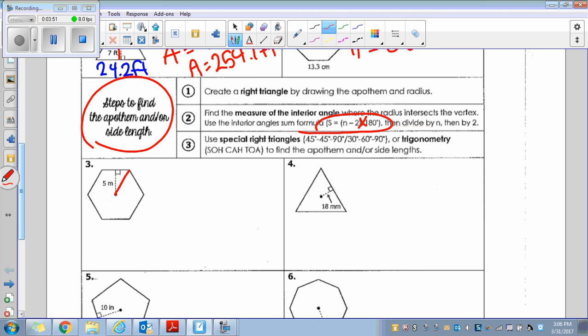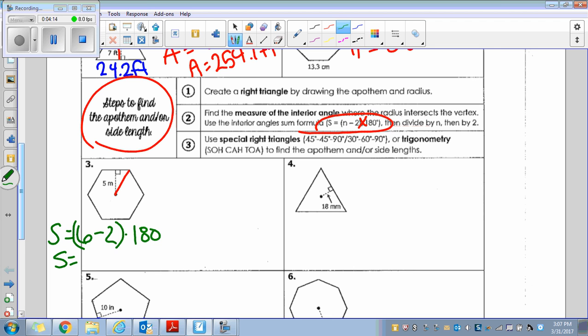So let's find the total degree amount inside a regular hexagon. That's equal to n-2. N stands for the number of sides you have. So in this case, it's a hexagon, so you have 6 sides, minus 2, and we multiply that with 180.